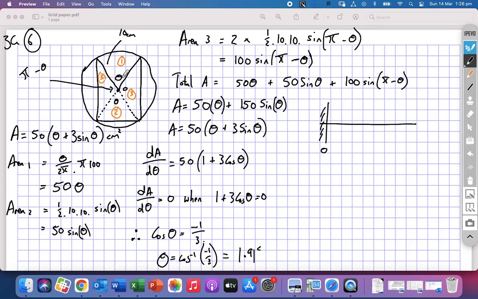It doesn't make sense for the angle to be smaller than 0. It doesn't make sense for the angle to be bigger than pi radians, right? We're at 1.91 radians, a little bit over halfway. There. And I'm doing a sine diagram of the derivative, so I'm going to label that as well.